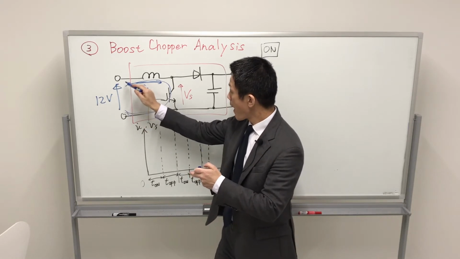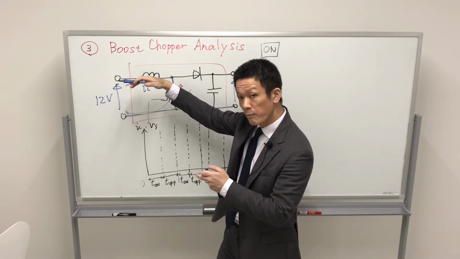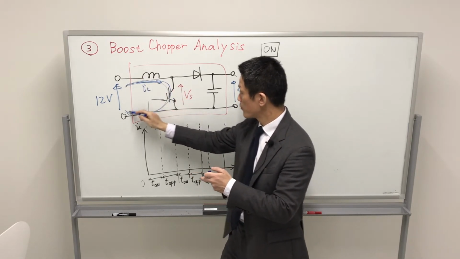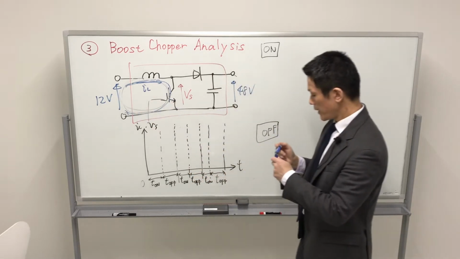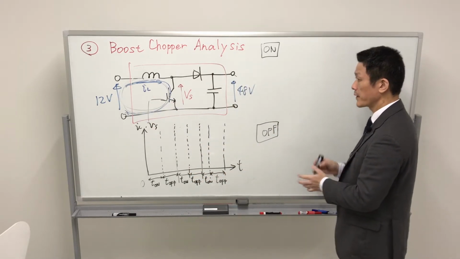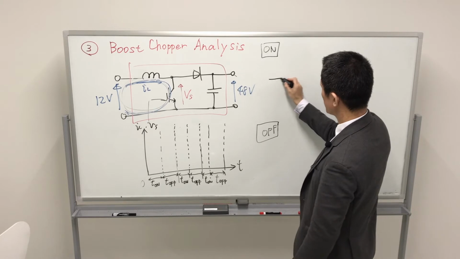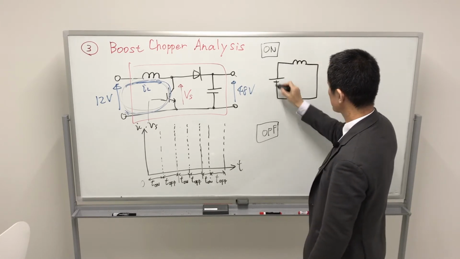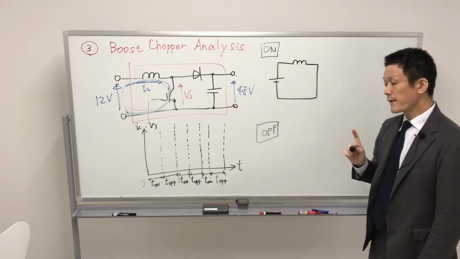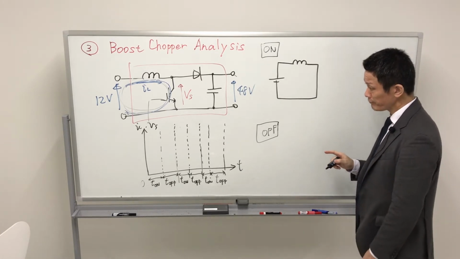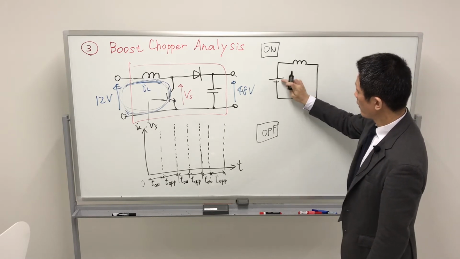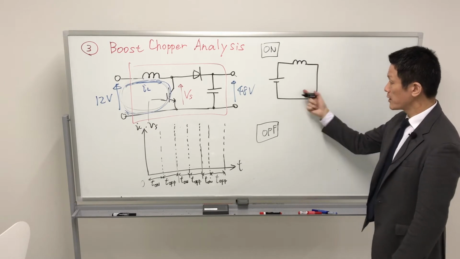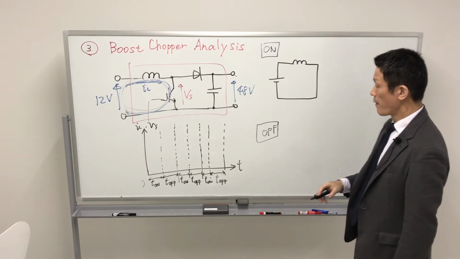So from the upper positive side voltage, current flows through like this to the ground. So the equivalent circuit in the case of turn on is the 12 volt source. In the ideal case, we can look at the switch as only a wire. So this one is the equivalent circuit. Very simple.